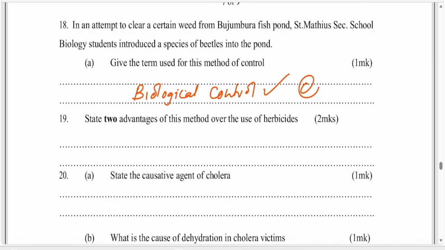Question number 19. State 2 advantages of this method over the use of herbicides. This method is harmless to non-target organisms. Remember, herbicides are chemicals, and therefore may lead to death of non-target organisms. So one advantage is that non-target organisms are never killed.